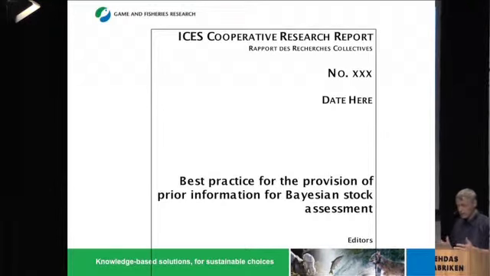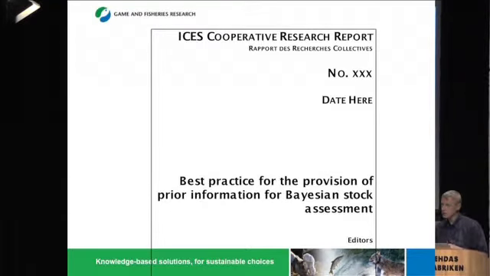So these were very hastily drawn examples, most of them from the ECOKNOWS project, about how to deal with priors, how to provide priors for the Bayesian approach in general in fish stock assessment.